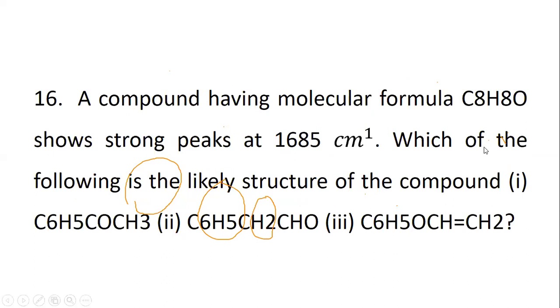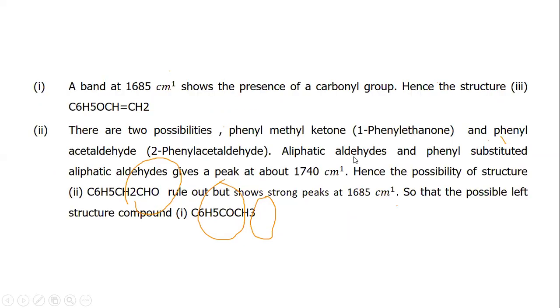There are two possibilities: phenyl methyl ketone and phenyl acetaldehyde. Aliphatic aldehydes and phenyl substituted aliphatic aldehydes give a peak at about 1740 per cm.